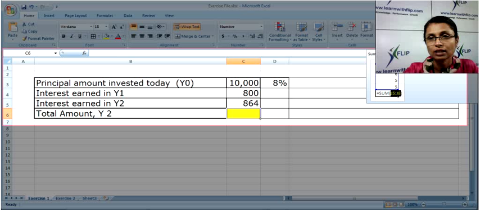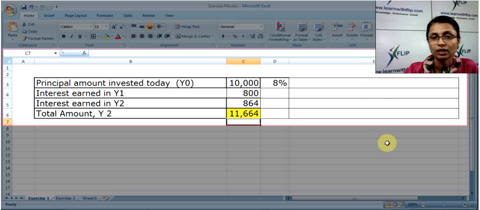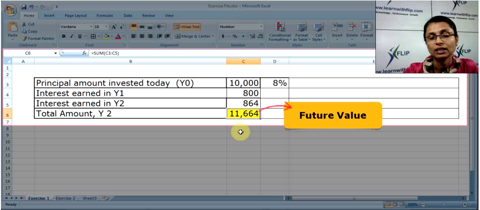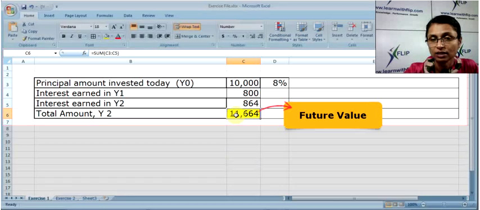I'm using the Excel AutoSum function and we see that the final amount which our 10,000 rupees has turned into after 2 years is 11,664. Now this is the future value of today's 10,000. We see that this future value depends on two things.